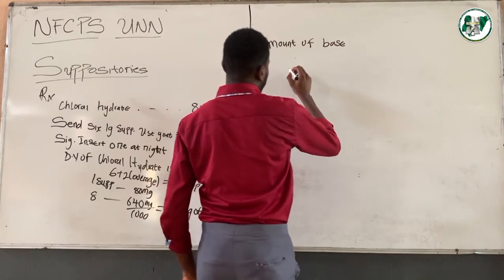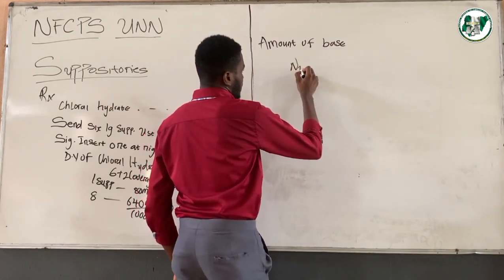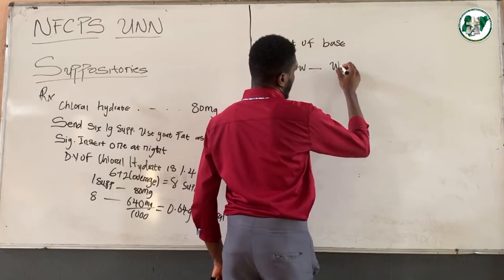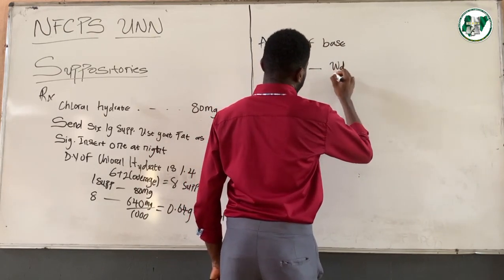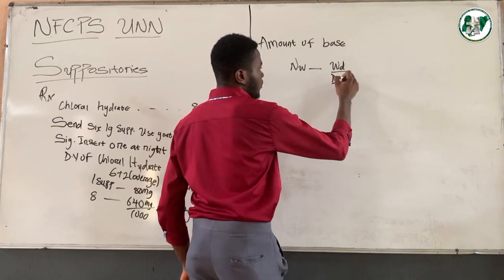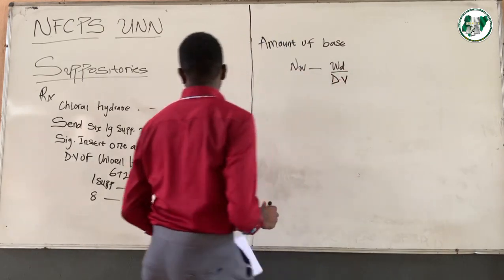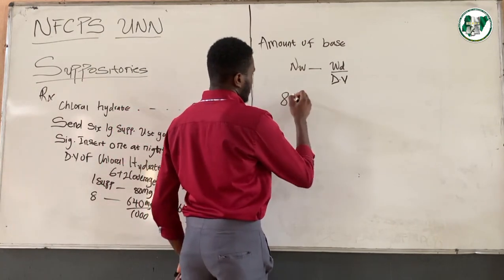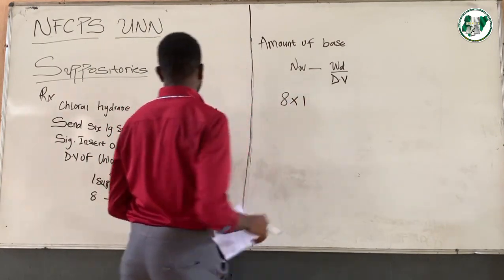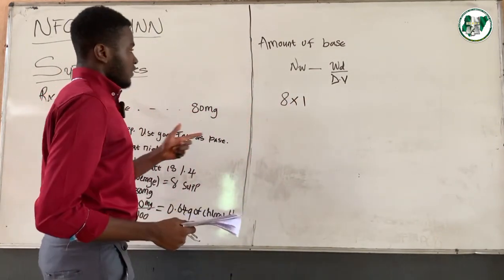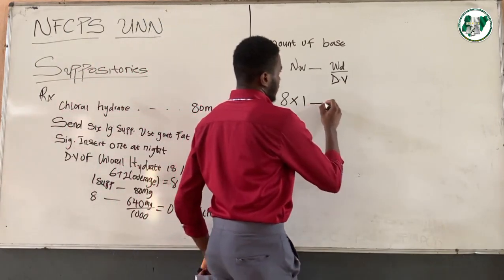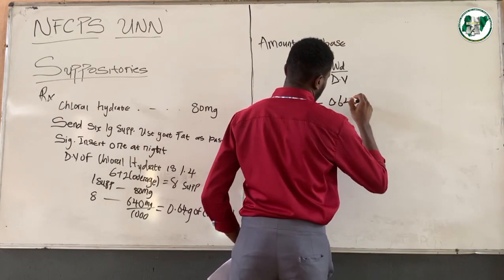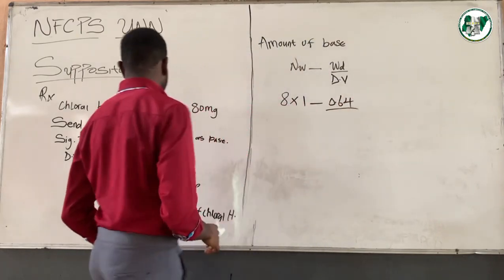Then to get our amount of base that we use for this particular preparation, remember our previous formula, which is number of suppositories multiplied by weight of mold minus the weight of our medicament divided by the displacement value. The number of suppositories here, we're going to be using 8 multiplied by 1 because the base we are using here is a fatty soluble base, minus the weight of our drug, which is 0.64, divided by the displacement value of chloral hydrate.